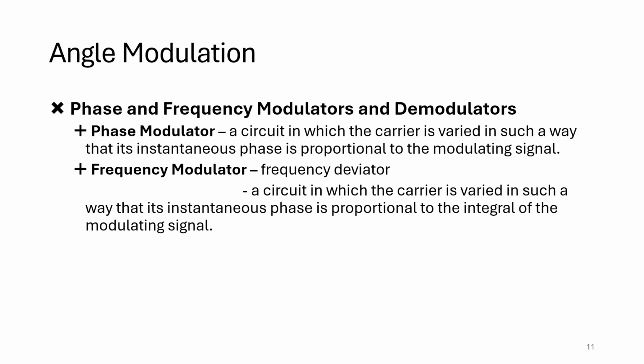Similarly, an FM modulator preceded by a differentiator produces an output wave in which the phase deviation is proportional to the modulating signal and is therefore equivalent to a phase modulator. So see how they are related with each other.